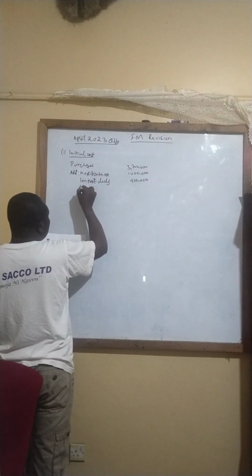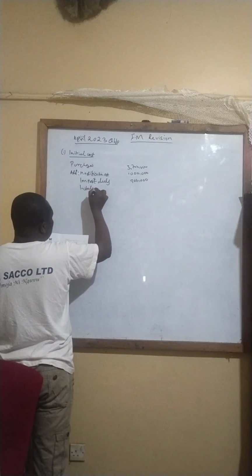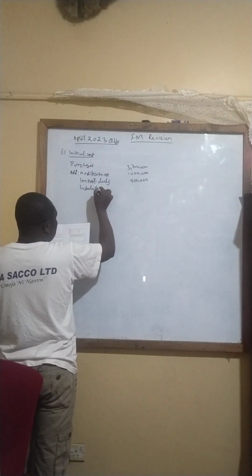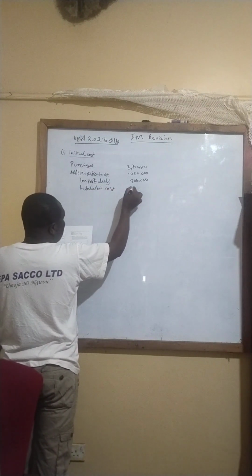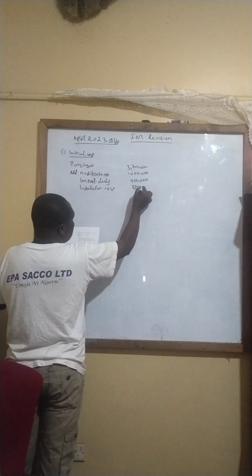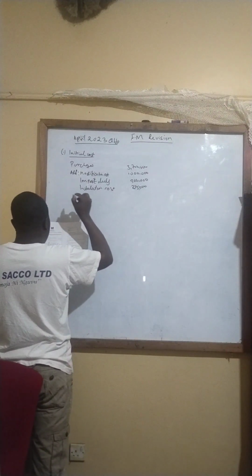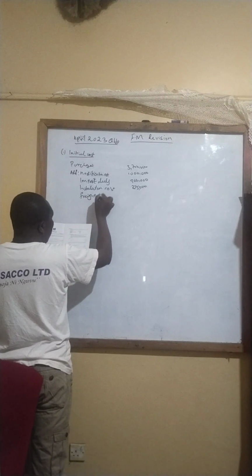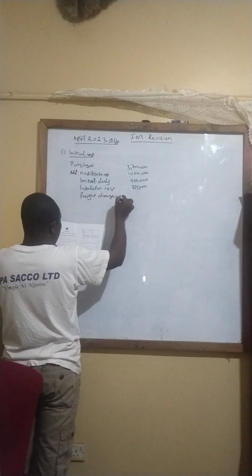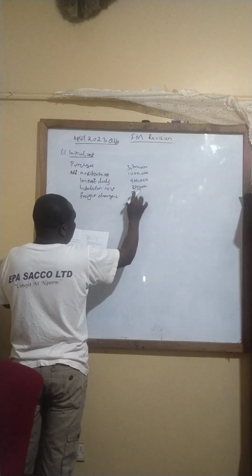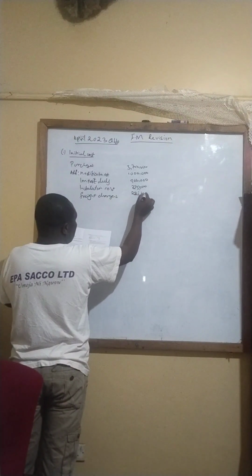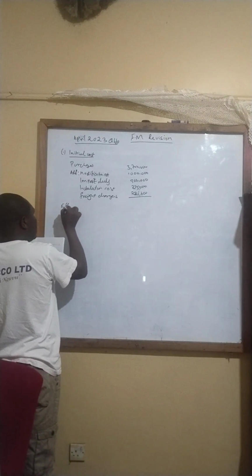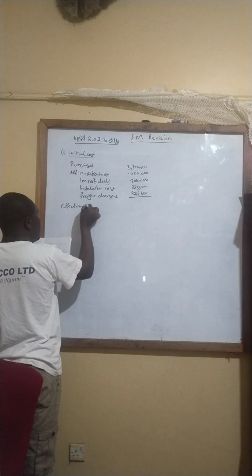We have installation cost, 375,000. We have freight charges. These are costs that actually come up when you have purchased that particular asset. So therefore you need to add all for you to get effective cost. So when you add this, the answer you get is effective cost.